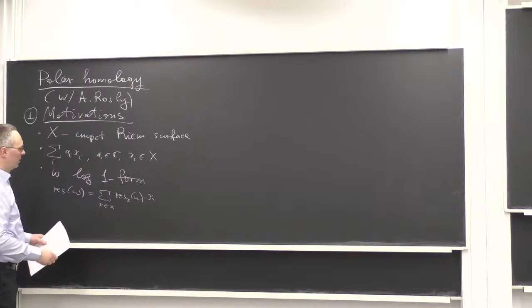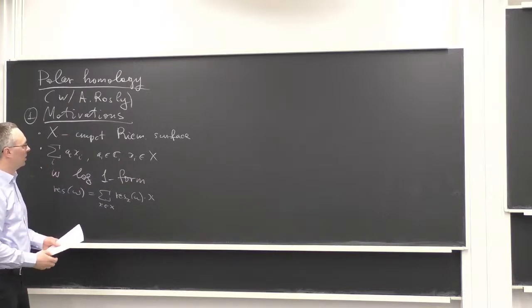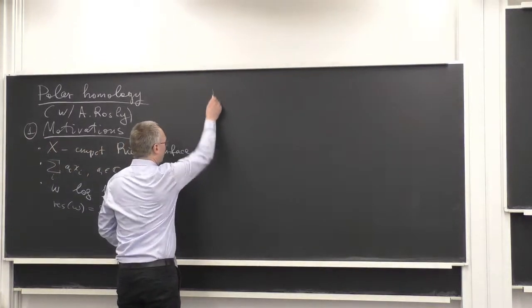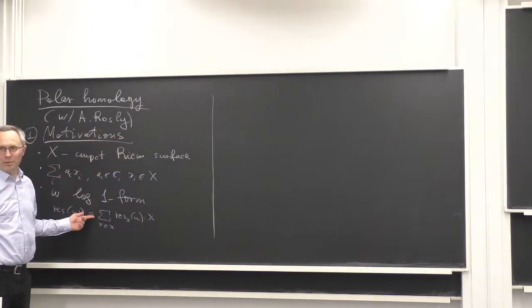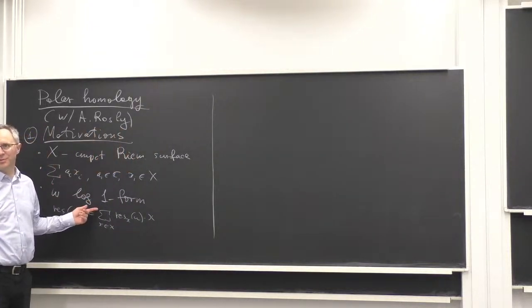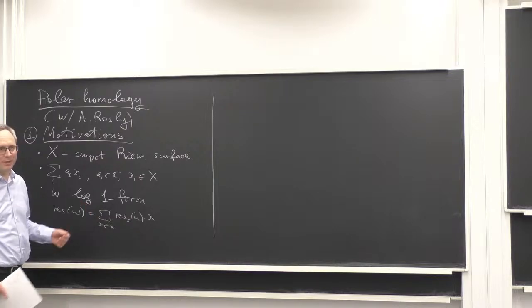And an actual question to ask is, what are the conditions on a divisor to be a residue of a one form? It's the classical so-called Cousin problem, absolutely classical complex analysis.